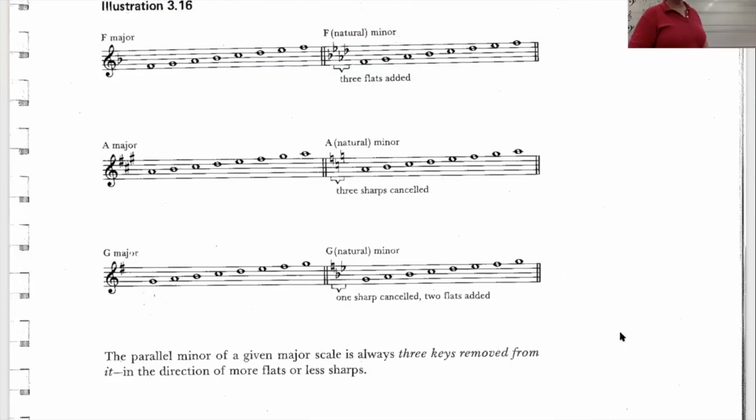I'll share with you one more diagram from the Ralph Turek Elements of Music. This is showing you something about parallel keys. He's picked out 3 keys to show you the parallel major and minor: F major and F minor, A major and A minor, and G major and G minor.